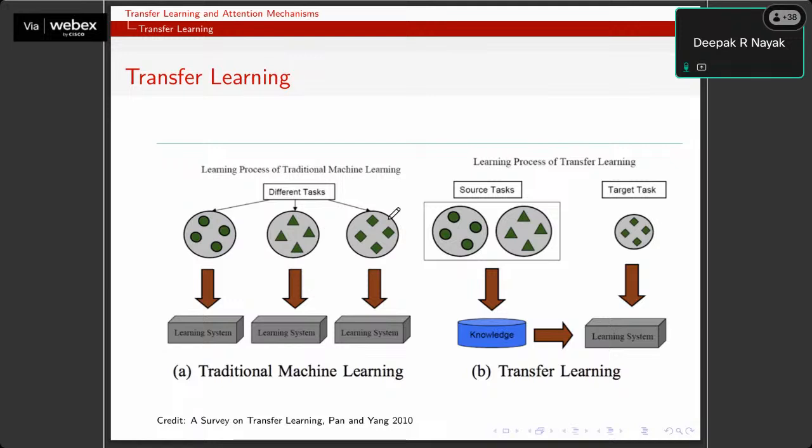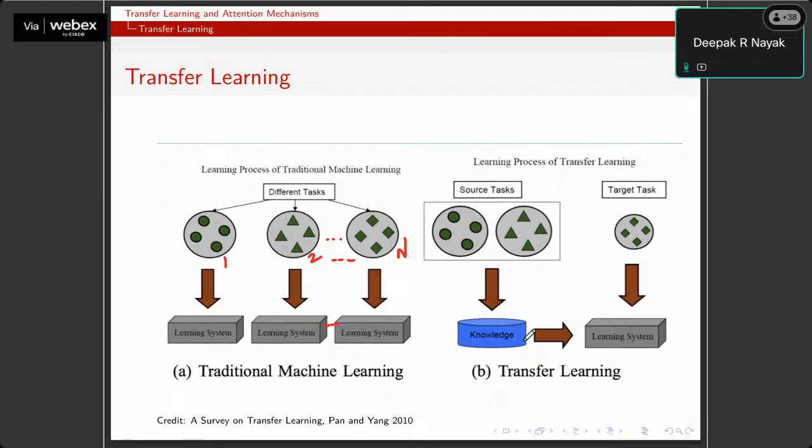But transfer learning is something very different from traditional machine learning. In traditional machine learning, what we know is that if you have n number of tasks, you will have n number of learning systems, or machine learning systems. But transfer learning says, let's say you have a few source tasks and your model has learned or gained some knowledge from the source tasks.